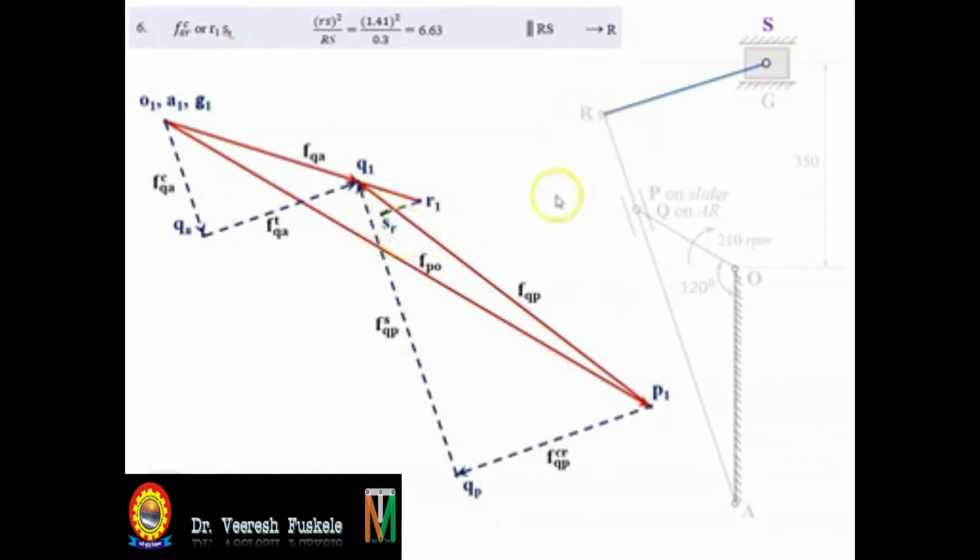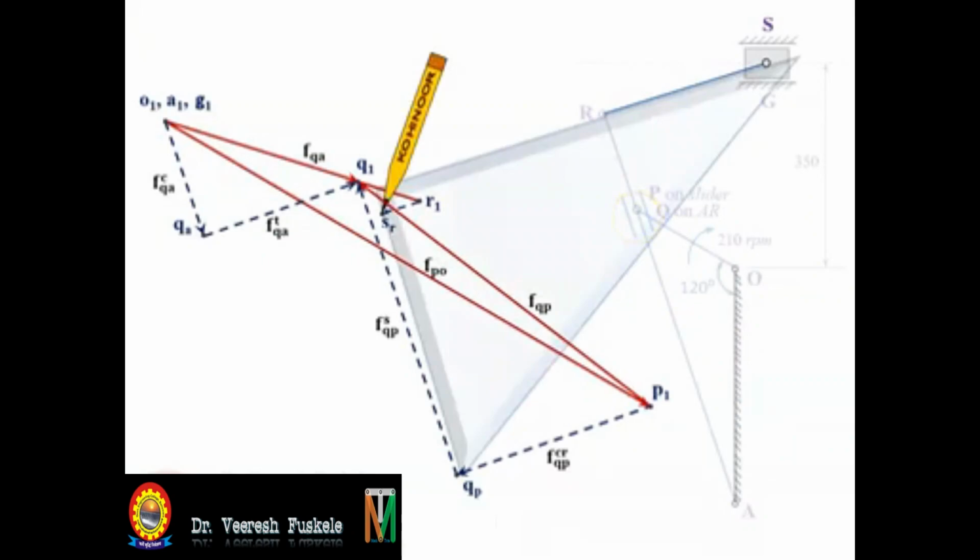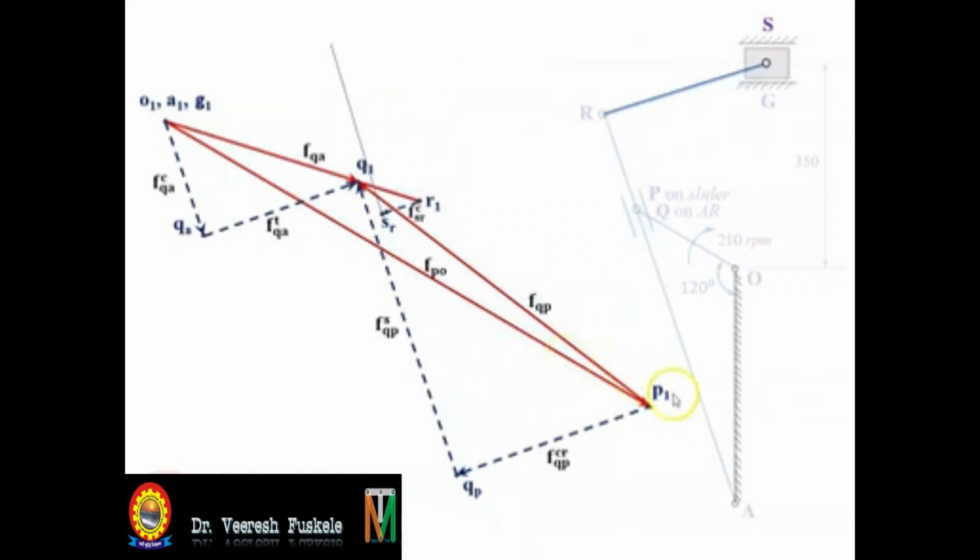So we will obtain the point SR. From SR, we will draw the tangential component of the acceleration of S relative to R, which will be perpendicular to the link. So we will take a set square and do the needful. As we don't know the length of the vector, we will draw a line which will be perpendicular to the link, and we will leave it as of now.